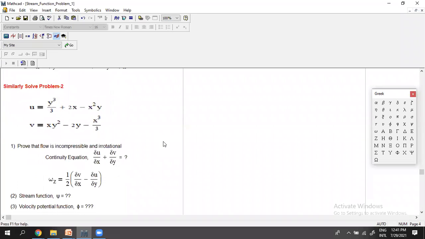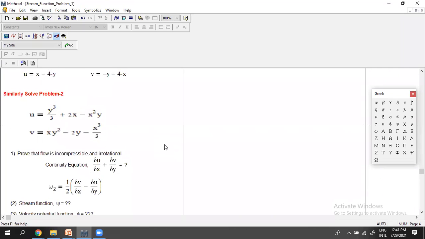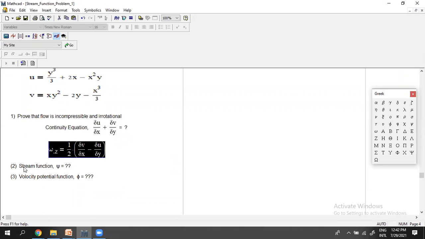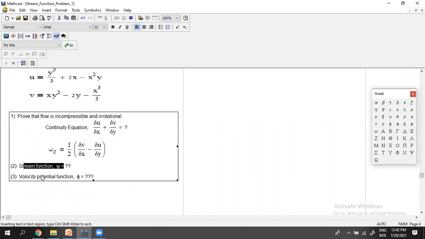And problem 2 is the same thing. It's a proof that flow is incompressible and irrotational. So you have to satisfy this equation, the continuity equation, and this one, the rotation in the xy direction. Then you figure out the stream function and the velocity potential function.